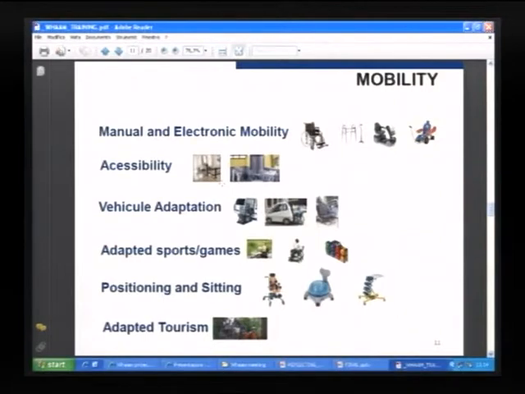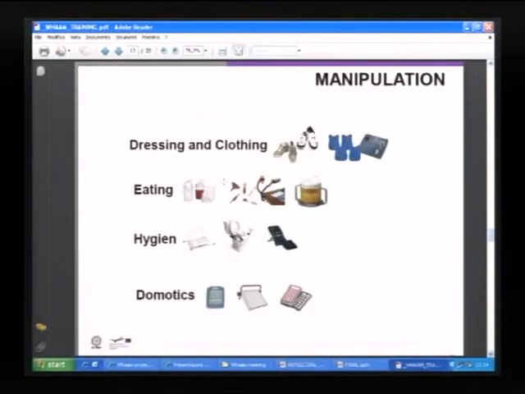We explore everything about manual and electronic mobility for accessibility, where at the homes, adaptations for vehicles, sports, games, positioning, sitting, and also we study many aspects related to adapted tourism.